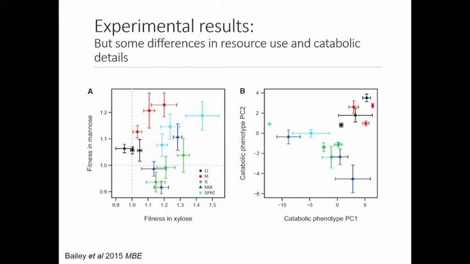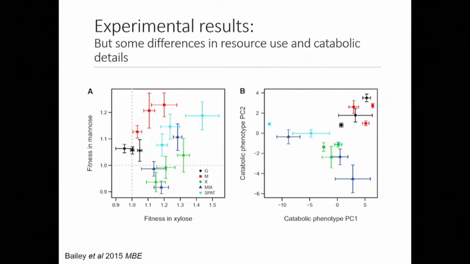And then you use optical density readings to see how much growth there was in each of those different wells. And it's those optical density readings that we then used as data to get an idea of these phenotypes.